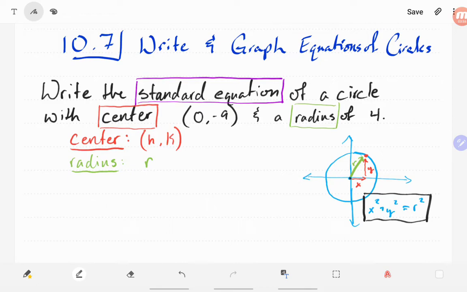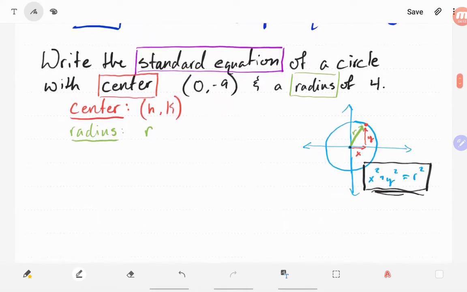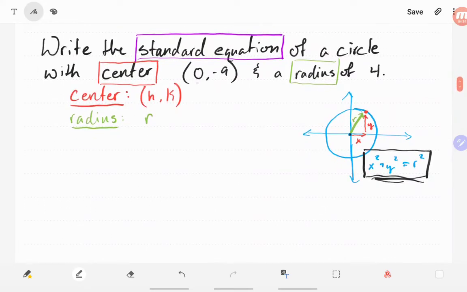We could find any coordinate or any radius that matches this circle utilizing this information right here. Now, when we have a different center, when we've moved this center, like this one right here, where I've got a center at 0, -9.